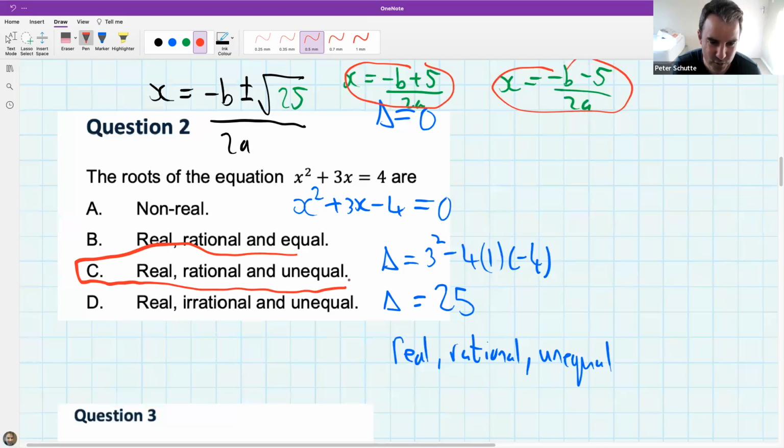Taking our knowledge and looking at the values is really important. So let's try and do this question 3 over here.